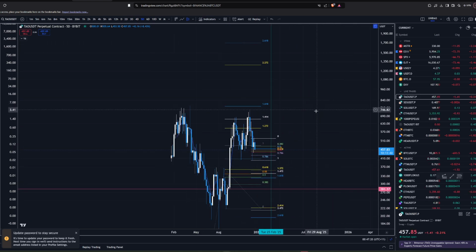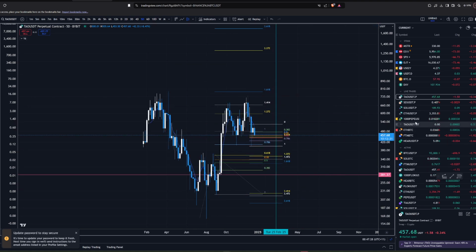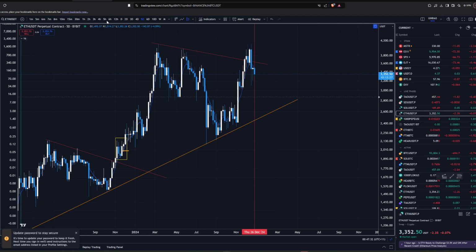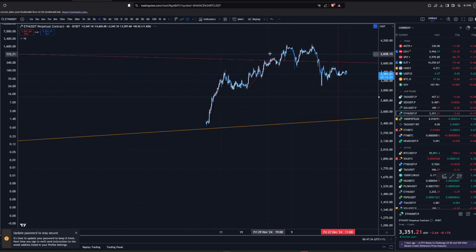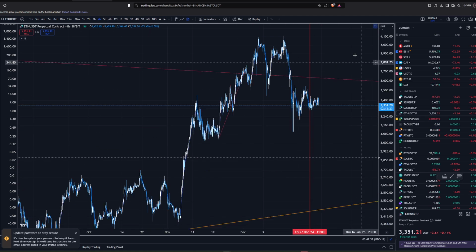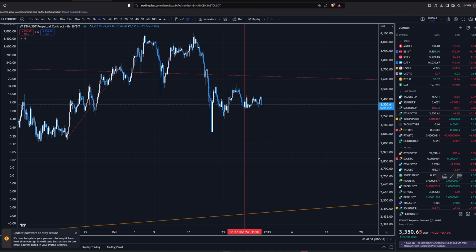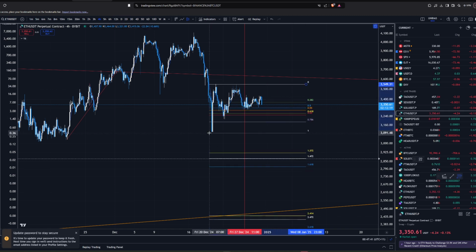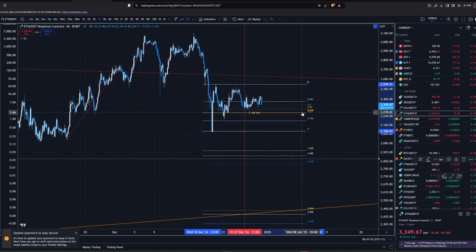Now we can track the actual movements of the altcoins as the market progresses, should it still be bullish, right? Let's have a look at other altcoins as well. And as we can see here, we have the same situation with Ethereum above 0.618.